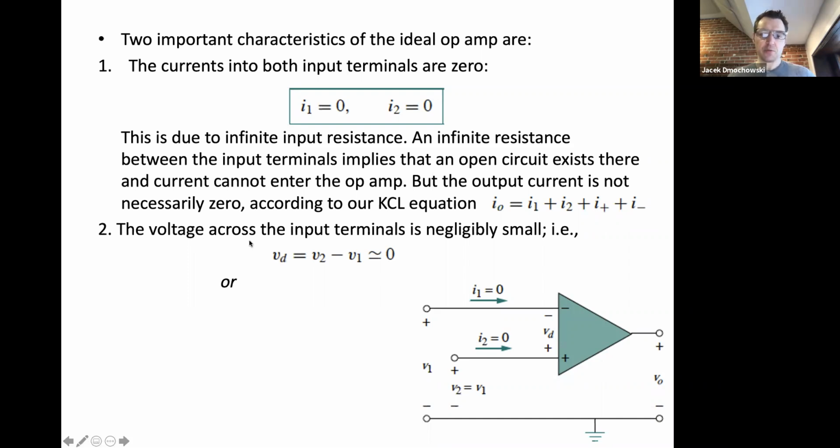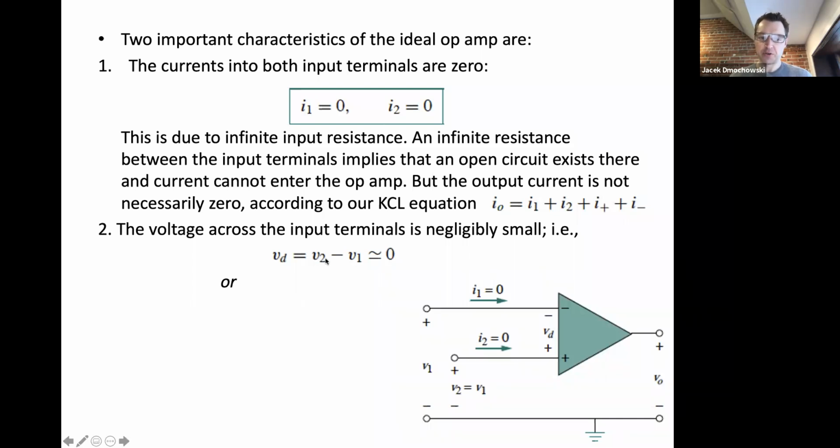Consequently, we can assume that the difference voltage between terminals 1 and 2, between the two inputs, is approximately equal to 0. The common mistake that students make is they think that V2 and V1 are equal to 0. That's not always true. It's sometimes true, but it's not strictly true.